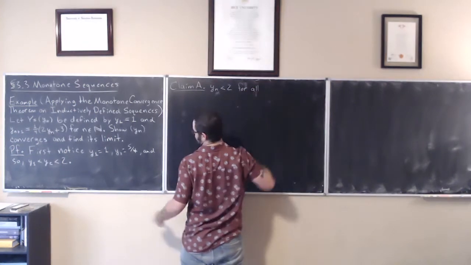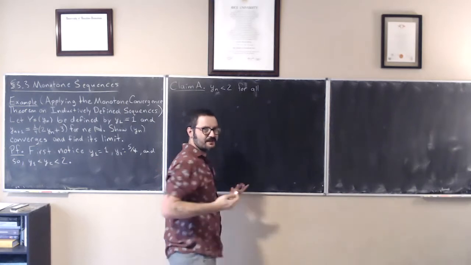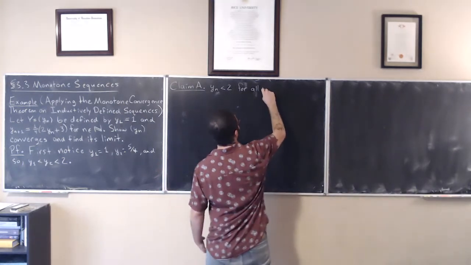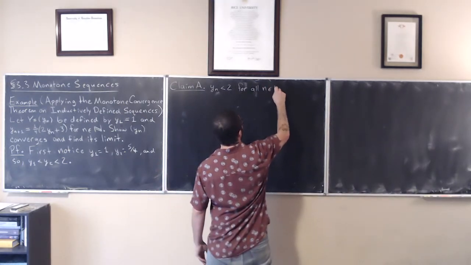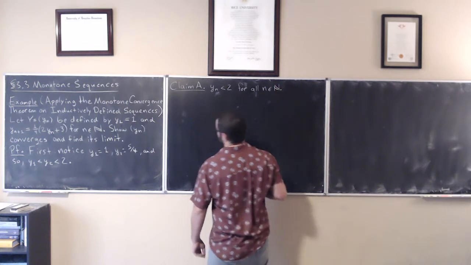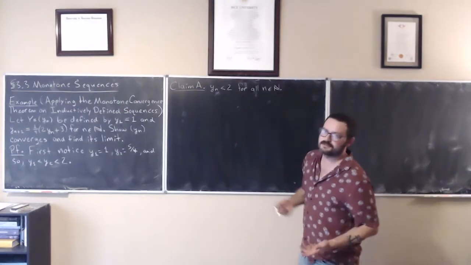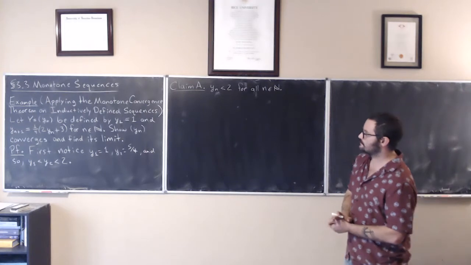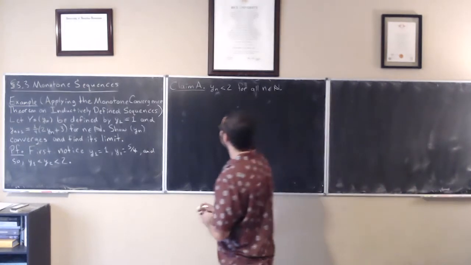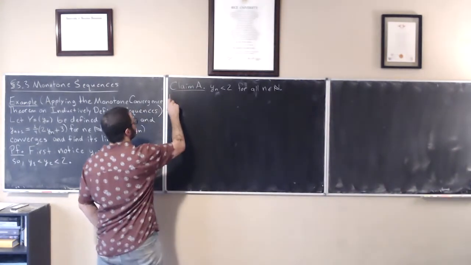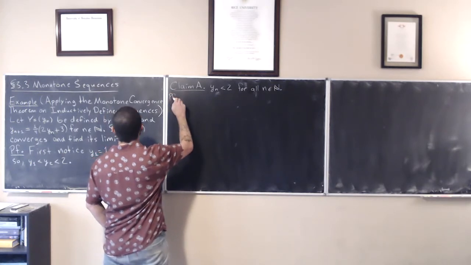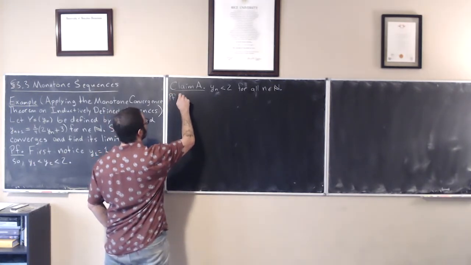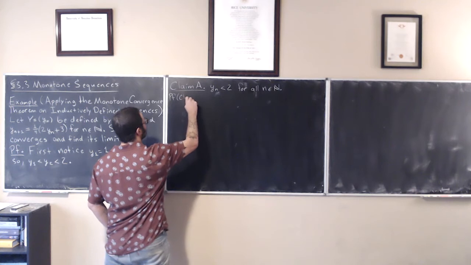Seems like a reasonable guess just based off of those two examples, I suppose. Maybe we should calculate a few more, but those two seem good enough to me. Okay, so now we're going to prove this claim. Proof of claim A.